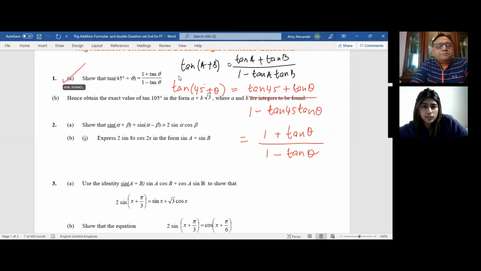Can you please read the part B? Yeah. So hence obtain the exact value of tan 105 degrees in the form of a plus b root 3, where a and b are integers to be found. Perfect.